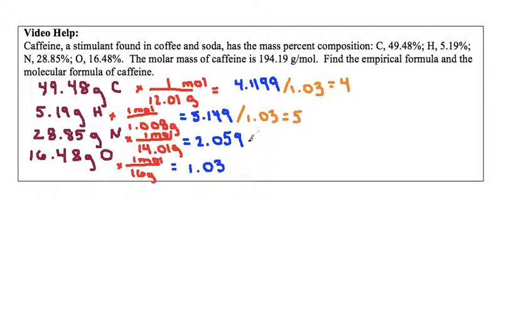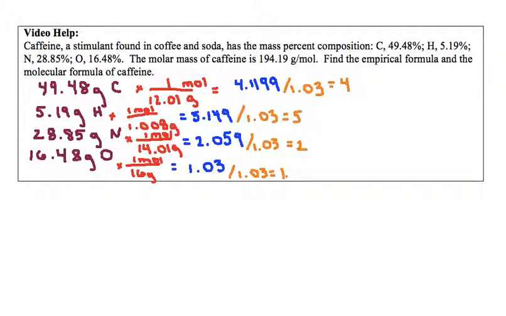Then 2.059 divided by 1.03, and I get 1.99999, so that's 2. And 1.03 divided by 1.03 gives 1.